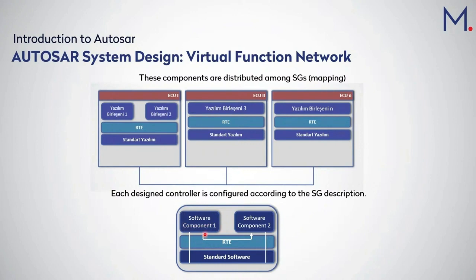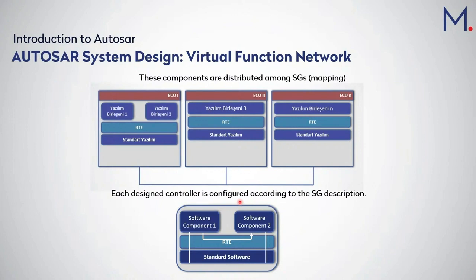So it's not limited to communication between software components in the application layer, but also between standard software. With VFN, Autosar objectives are achieved, which are modularity, interchangeability, relocatability, scalability, and reusability.